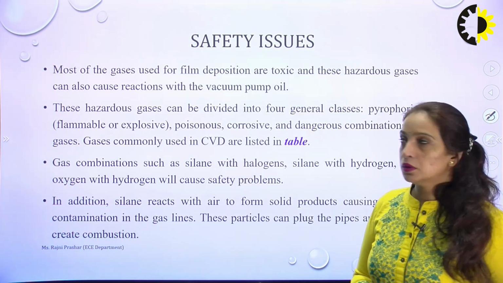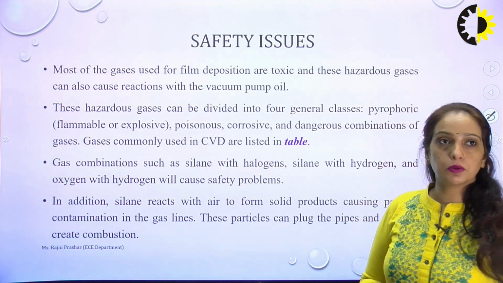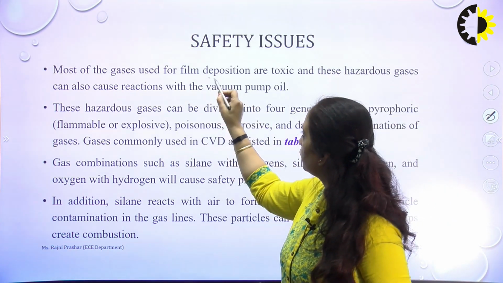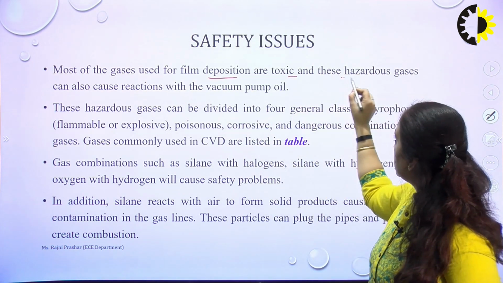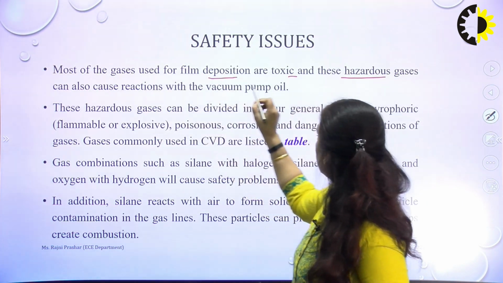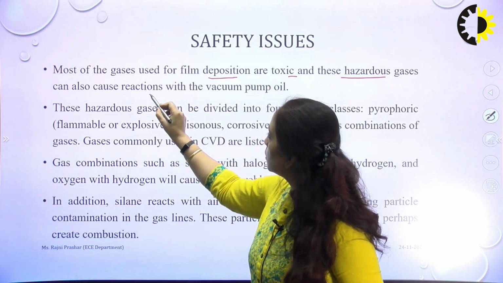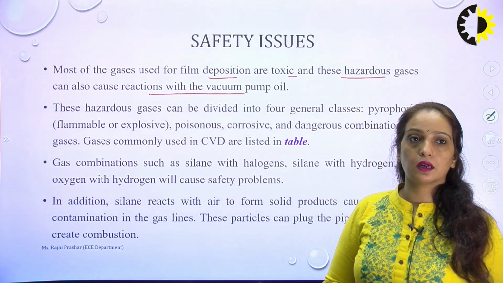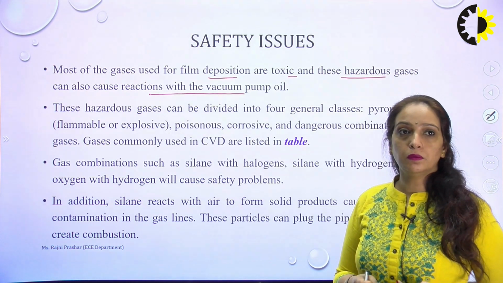Some safety issues are concerned in this deposition process, and most of the gases for the film deposition are toxic. These are hazardous and not friendly with the environment. They can also react with the vacuum pump oil, the oil which is used to create the vacuum.